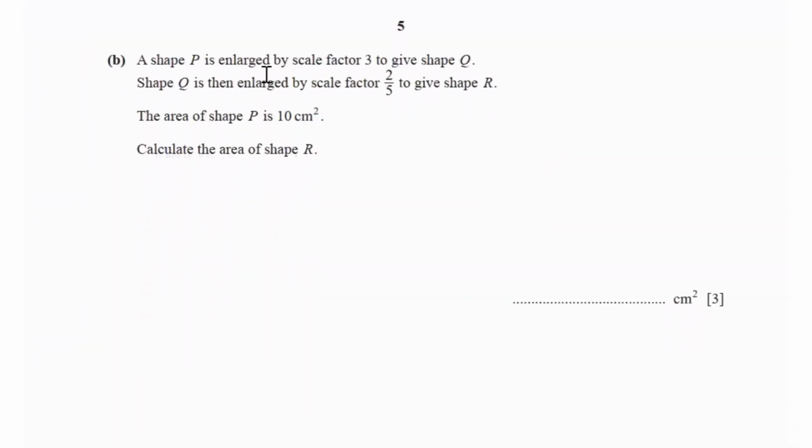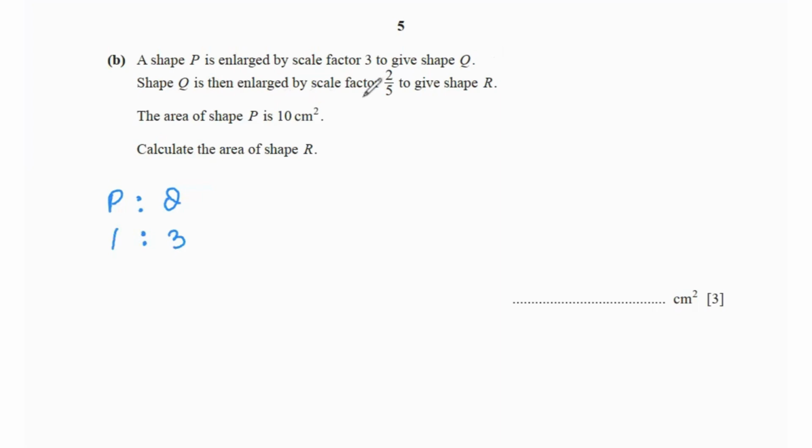Part B says a shape P is enlarged by scale factor 3 to give shape Q. Shape Q is then enlarged by scale factor 2.5 to give shape R. The area of P is 10 centimeters squared. Calculate the area of shape R. So now, they have told us that a shape P is enlarged by scale factor 3 to give shape Q. So if you write these as ratios, P is to Q is 1 is to 3.